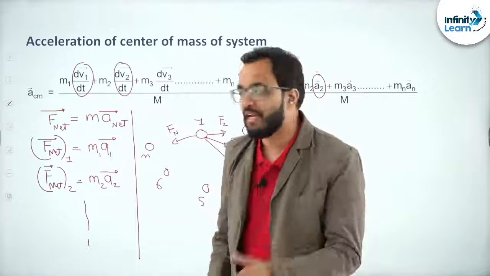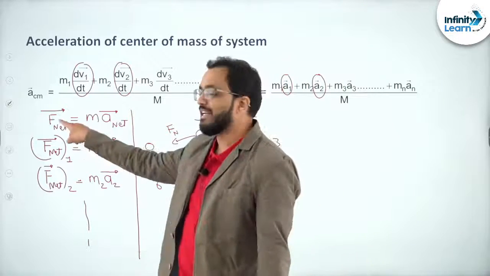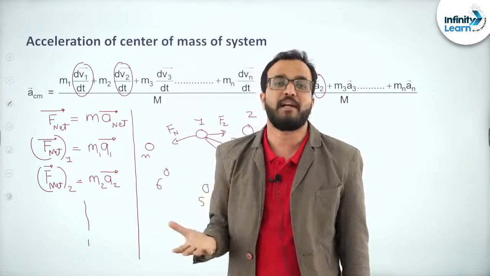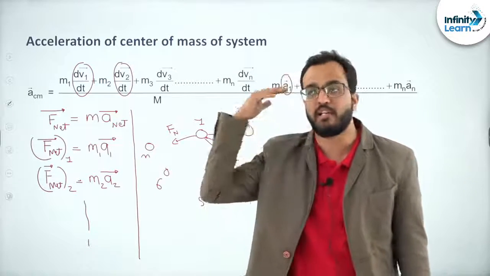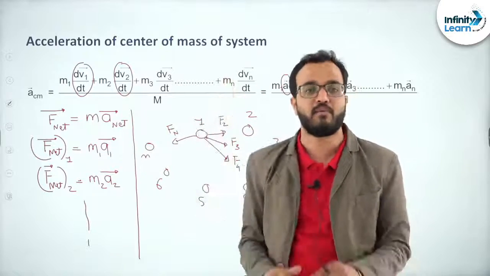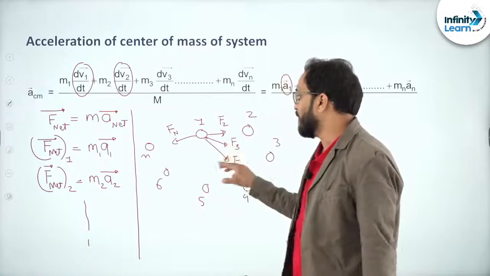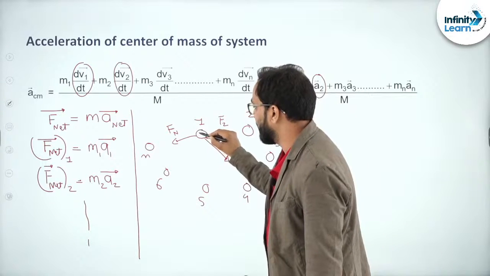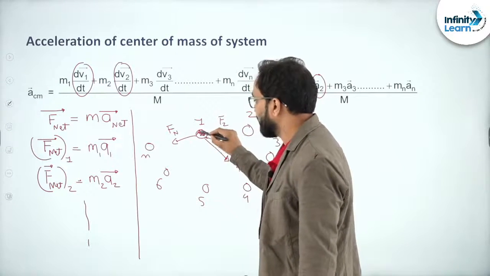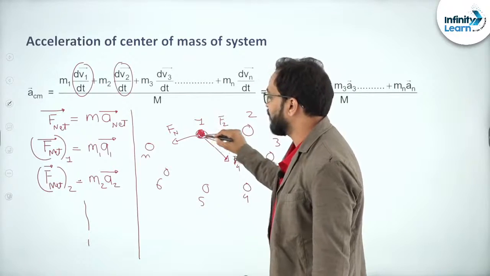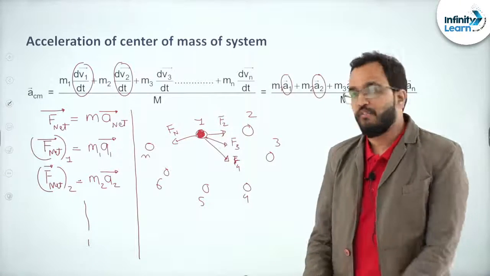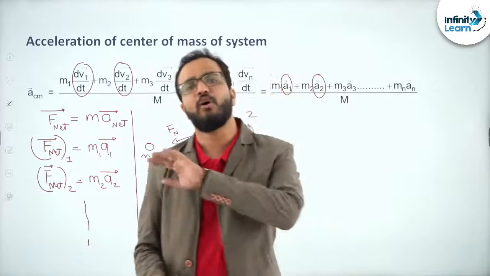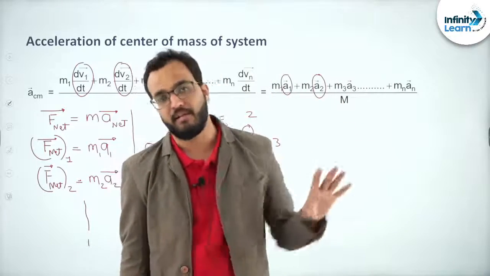Technically, what I am trying to do is examine the net force on particle number 1. If I am talking about the net force on particle number 1, I need to figure out what kinds of forces are acting on it. So first I can say the force by the second, third, fourth, fifth and all the n minus 1 remaining particles.